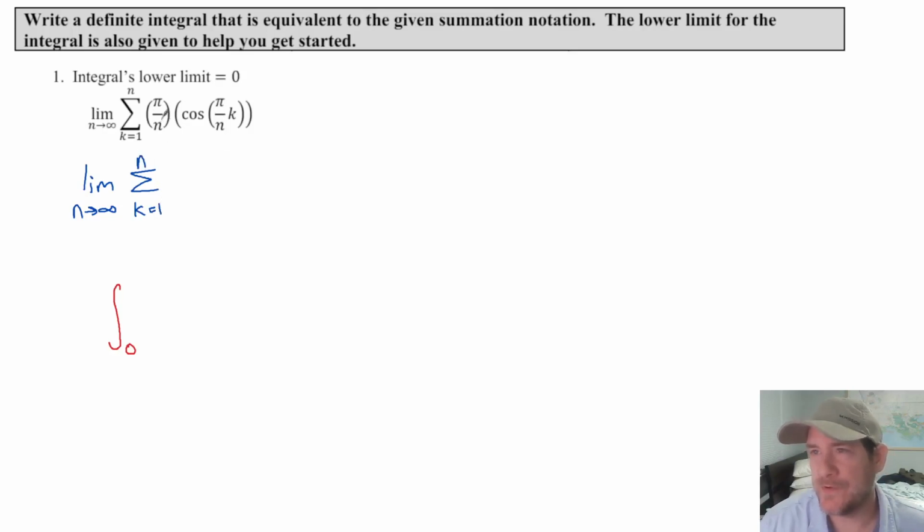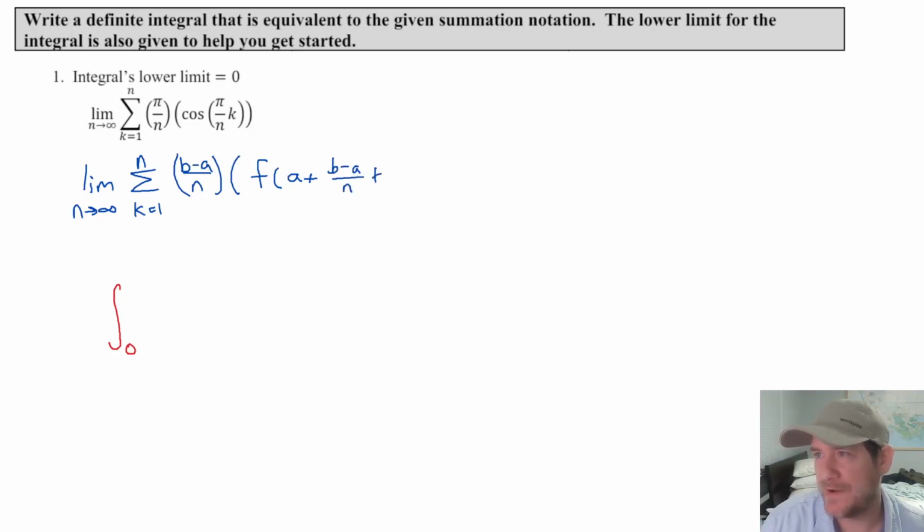Now, what's the stuff we're looking at? Well, this pi over n is delta x, which is b minus a over n. So that whole thing there is delta x. Then the next thing should be f of an a value, which is our lower limit, plus the same delta x, b minus a over n, multiplied by k.